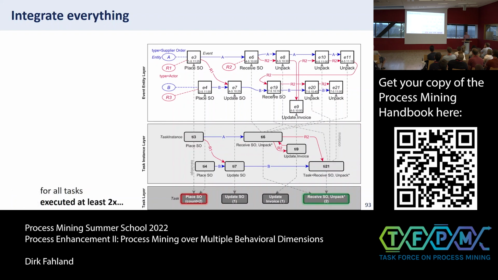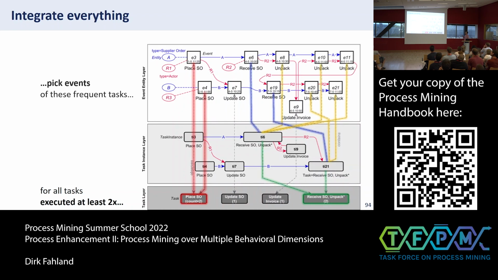For example, for all tasks that were executed at least twice, which is place supply order and receive supply order unpack star, I pick all the events of these frequent tasks, right? So I go up in the graph, lots of colors, but you see all the events which are involved. And then I want to discover the process model of the activities of these frequent tasks.